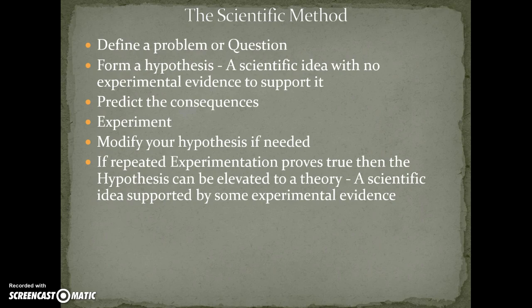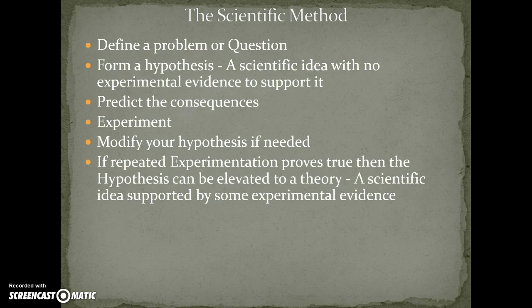Now here you have to be careful, because there are some things that are called theories that really aren't. For example, we talk about the theory of evolution. Evolution is not a theory. It doesn't fit. Number one, nobody has observed it. So that's a problem right there. It has to be observable. Two, it has to be testable.